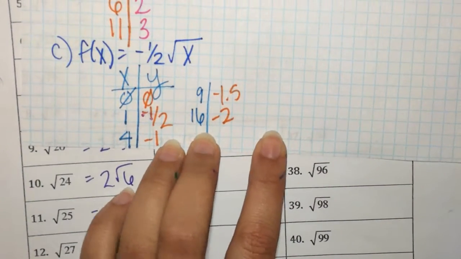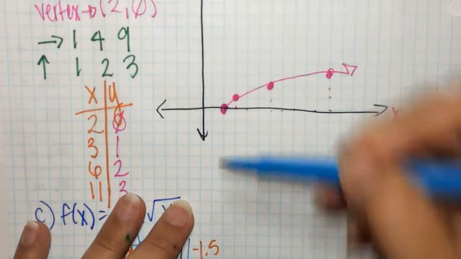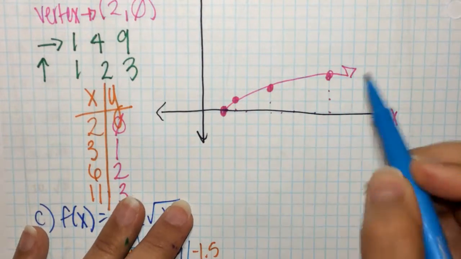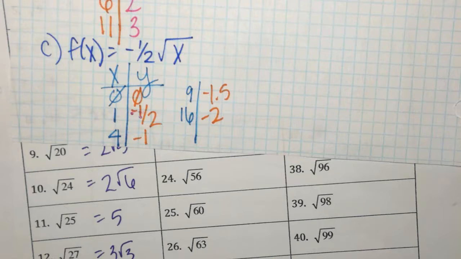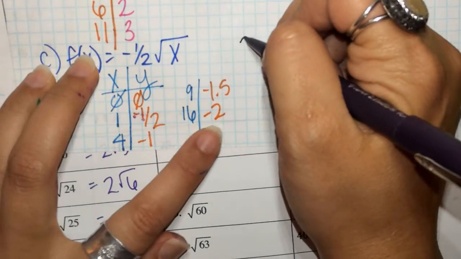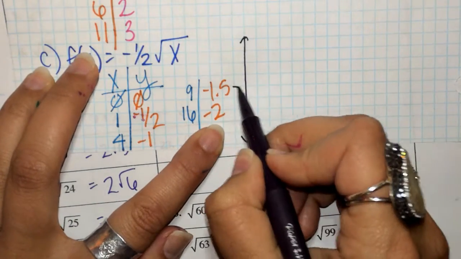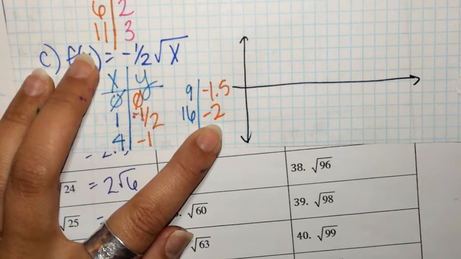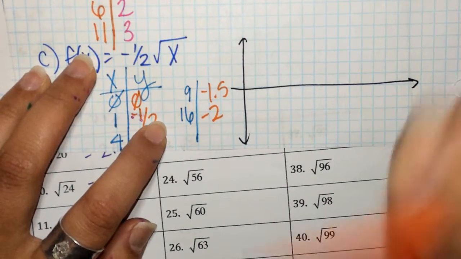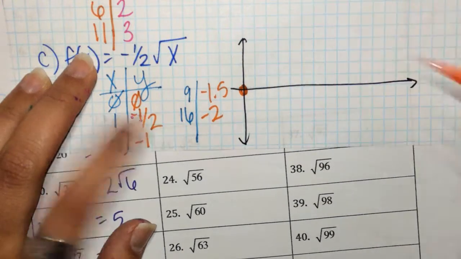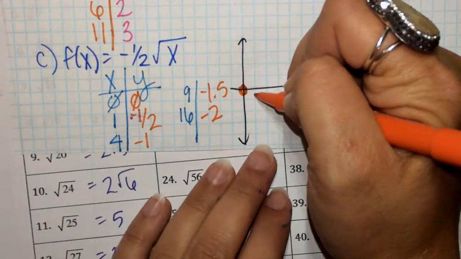All right. Now, some of us said steeper, as in going up, and some of us said flatter. So let's see what happens. You think flatter? All right, so it's still at 0, 0, right? And then 1, and then negative 1/2.